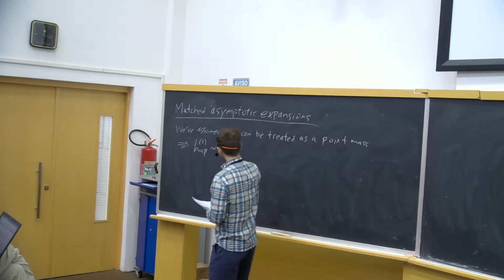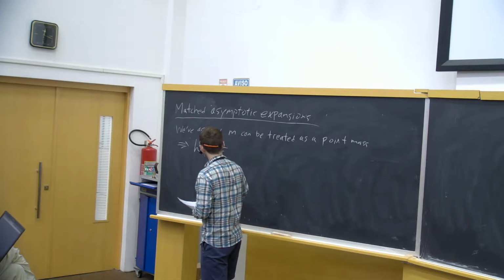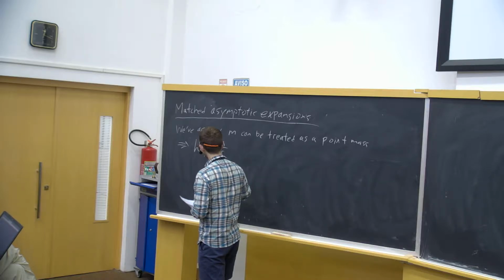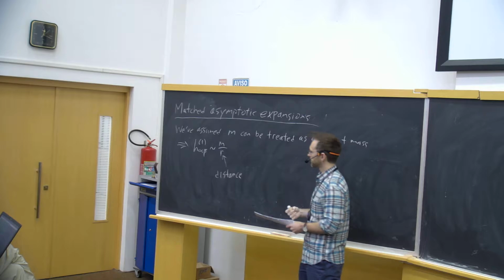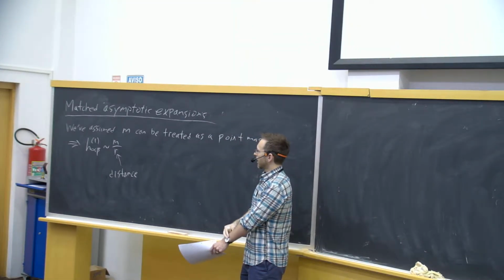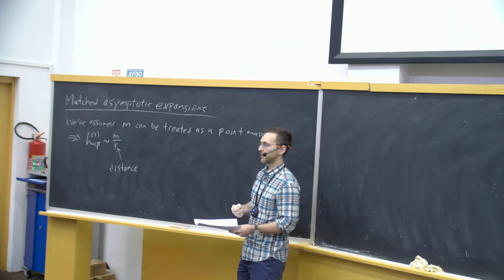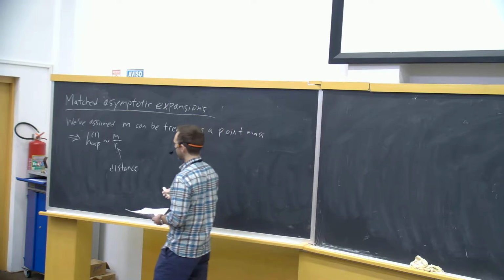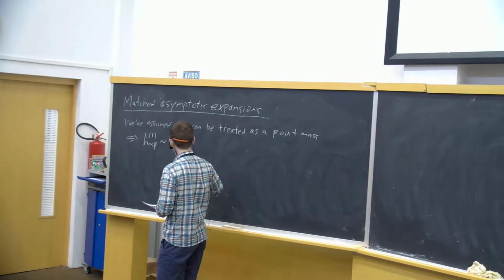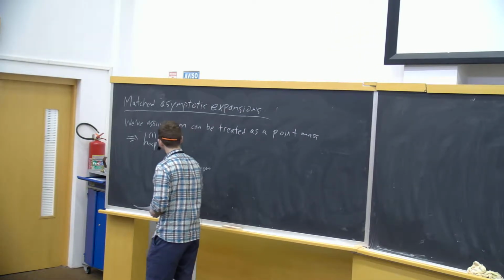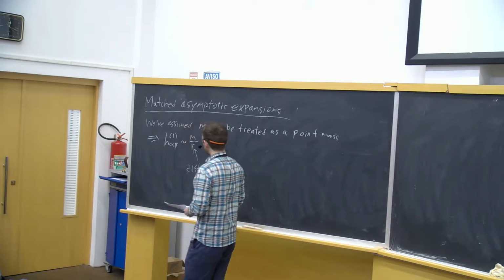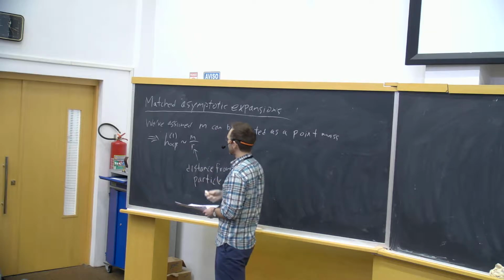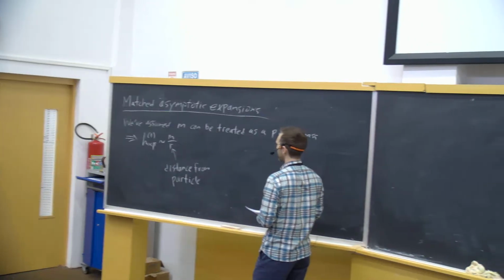Note this is a change in notation here. r is distance from the particle, whereas before I had r as the Schwarzschild radial coordinate, which would be distance from the big mass. This is distance from the particle. So this diverges at the particle's position.